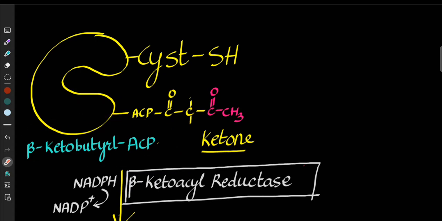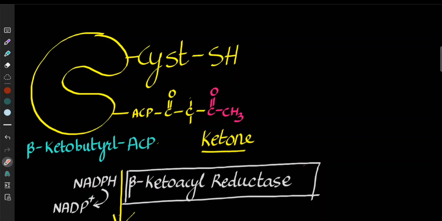Because we are taking into consideration this particular carbon, right? So this was beta. And keto because it has a ketone, and butyryl because it is a 4-carbon compound, and ACP because it is attached to the acyl carrier protein.